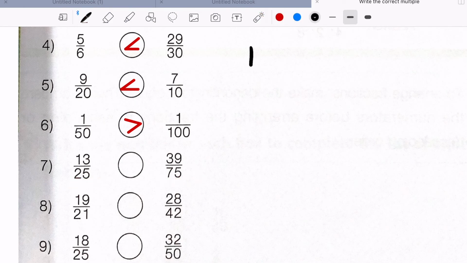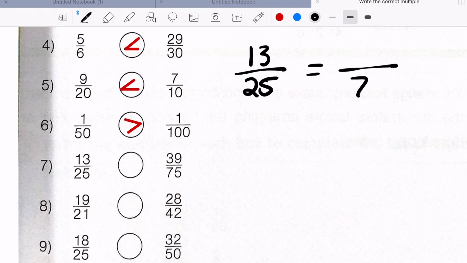So 13 over 25, and we want to turn it into something over 75. 25 times what equals 75? 25 times 3. If we times 3 on the bottom, we have to times 3 on the top. So 13 times 3 equals 39.